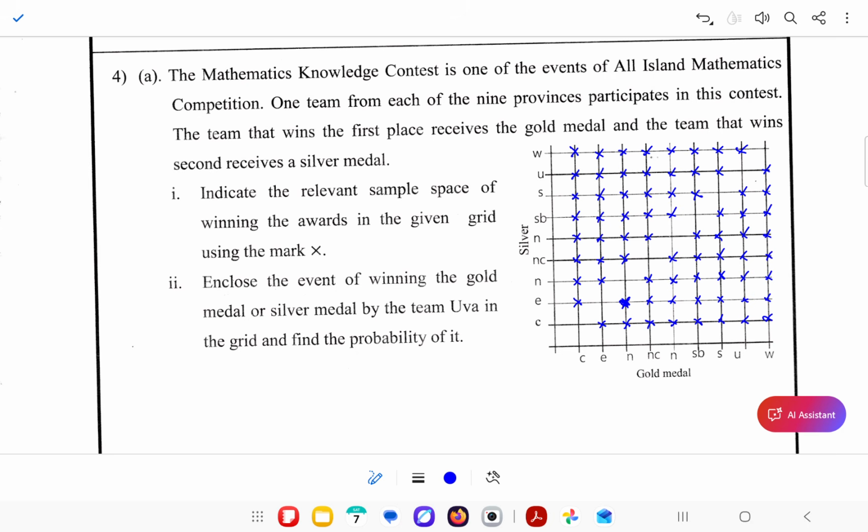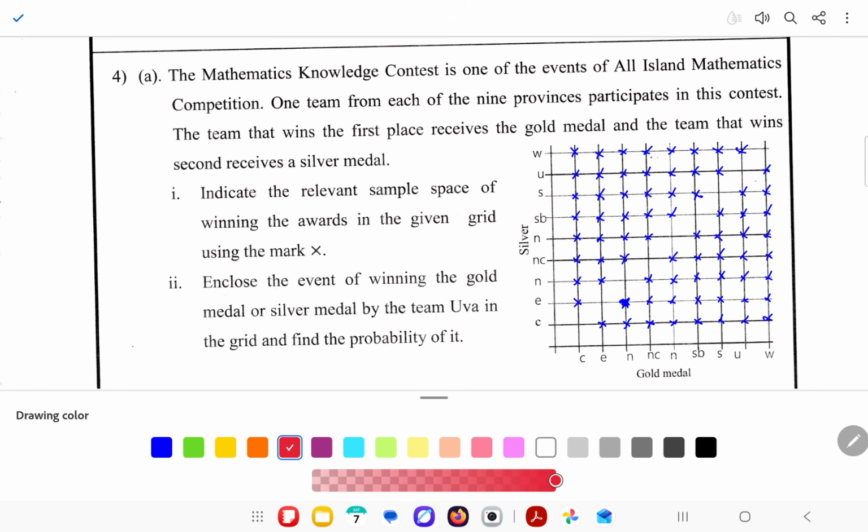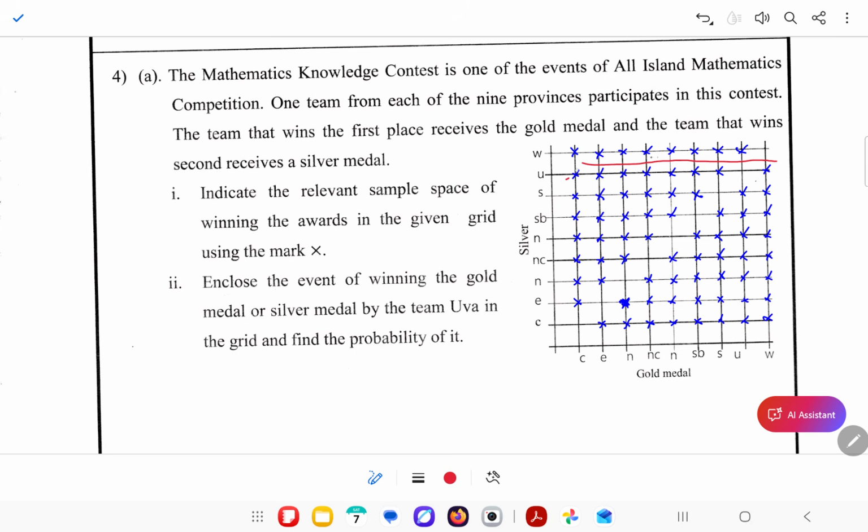Enclose the event of winning the gold medal or silver medal by the team over in the grid and find the probability of it. Gold or silver by over. So this and this.